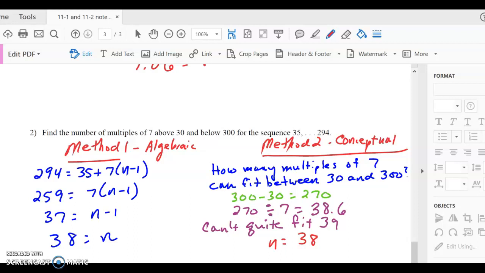So 38.6 does not round to 39, because remember, we're talking about whole integers or whole numbers. I can't count 0.6. So I either have to decide 38 or 39. Well, I don't have enough to fit 39 sevens, so it's going to end up being 38 as the number of 7s that I can actually fit.